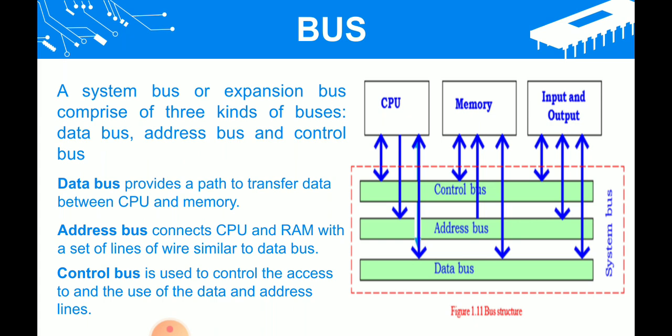And one more thing is, in the data bus, the CPU can also send the data and the memory can also send the data. CPU can also receive the data, memory can also receive the data. So both things happen.